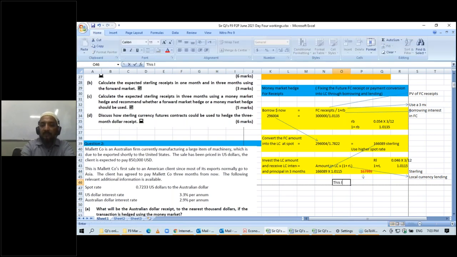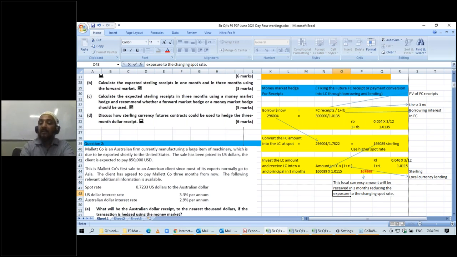So this local currency amount will be received in 3 months' time, reducing the exposure to the changing spot rate. So now you know in advance what you are going to receive in 3 months' time.